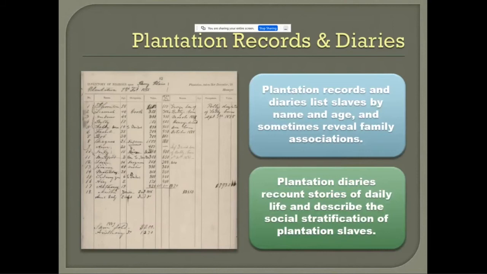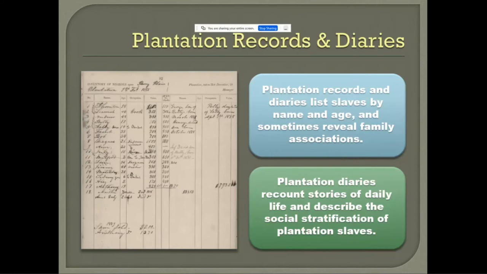Washington Parish might have better luck. But there will be inventories, once a year they'll go out and ask who's working for us? Who do we own? Maybe he's going to make a sale. Maybe he has a debt he wants to pay off. Maybe he's going to buy some equipment and he needs to put slaves up as collateral on a loan, which also happened. So you have to make a list of the people.